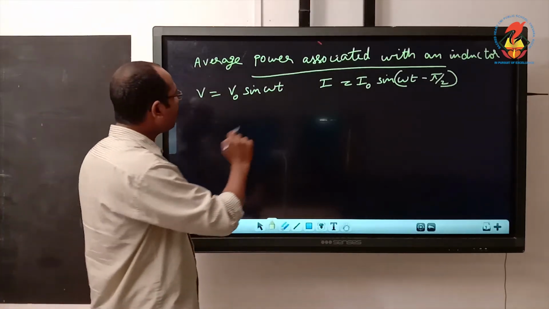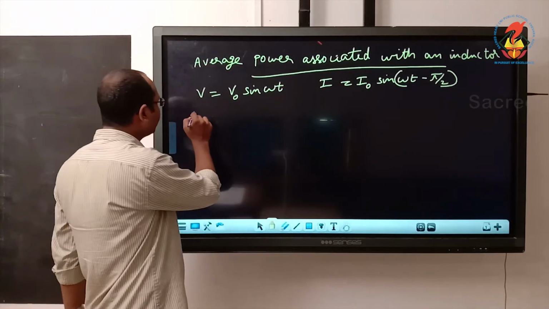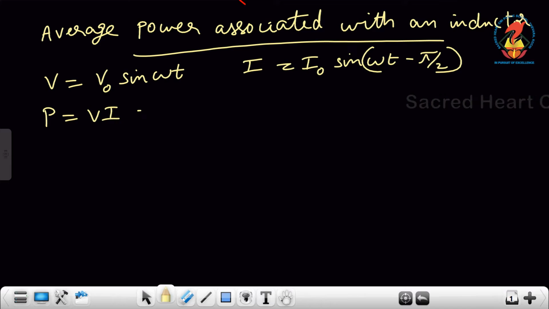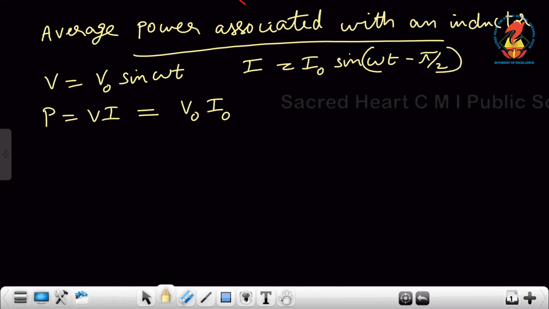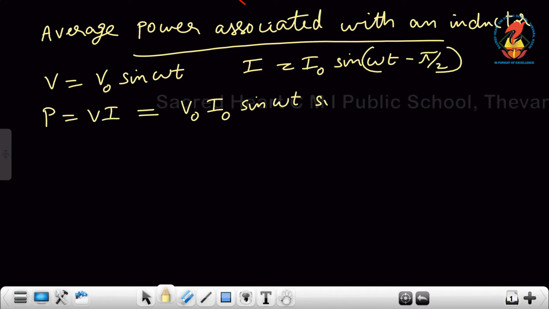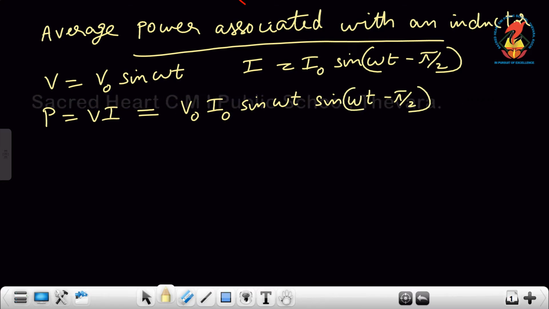Then I am going to find the instantaneous power. P is equal to V into I. So V0 I0 sin omega t sin omega t minus pi by 2.